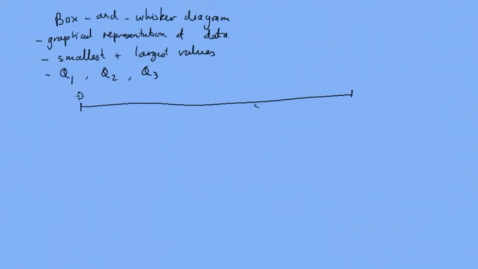So this would be, say, 0, 15, and we've got some data set for X. Let's put 5, and then a wee bit closer, 5. So this is the range of data. And then we would mark on it the smallest value.